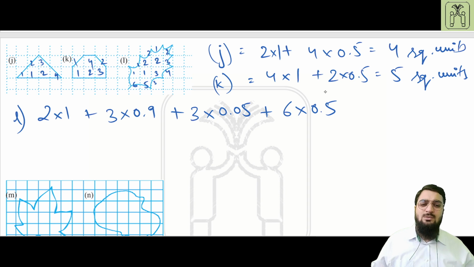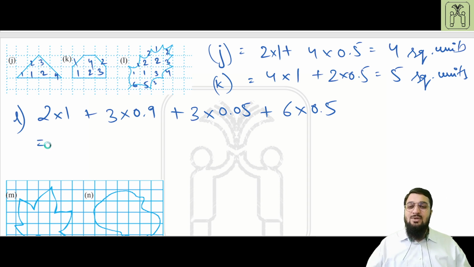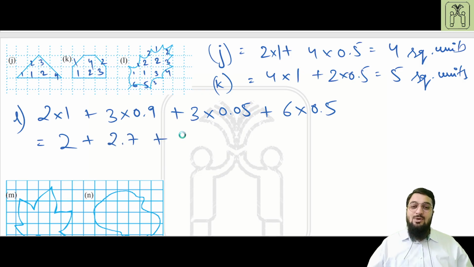Some are covered more, some are covered less. After that, we will start adding them up. So 2 plus 3 into 0.9 will give us 2.7, plus 3 into 0.05 will give us 0.15. After that, 6 times 0.5 will give us 3. So after adding them up, we will get 2 plus 3, 5 plus 2, 7, 7.7, 7.85.